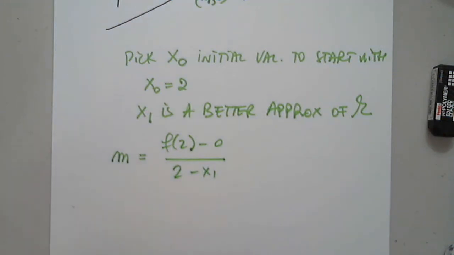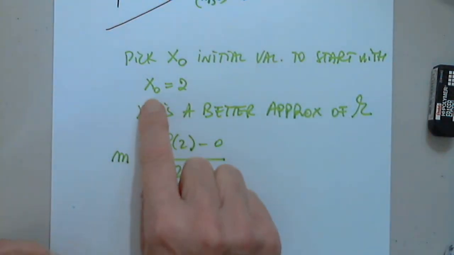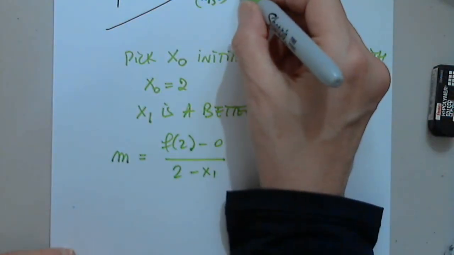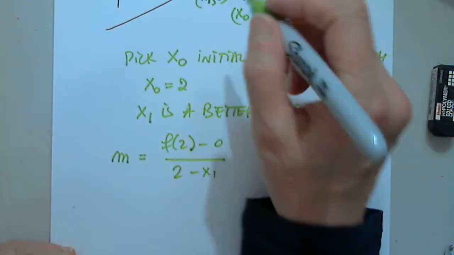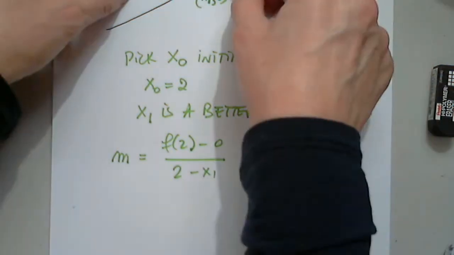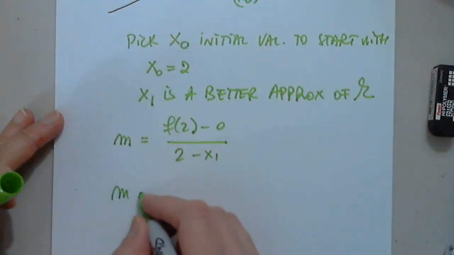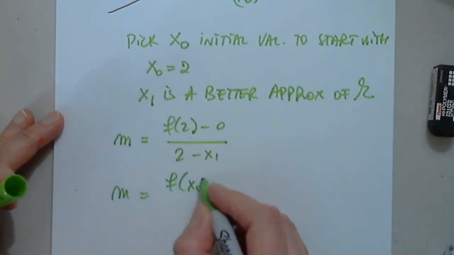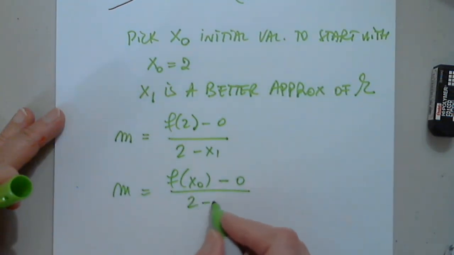Now allow me, because I like to continue, not to use 2, but use x0. So this point is x naught, or x0, comma 0. You'll see why. I started with 2, so you understand what I'm trying to do, but I would like to write the slope as f of x0 minus 0 over x0 minus x1.